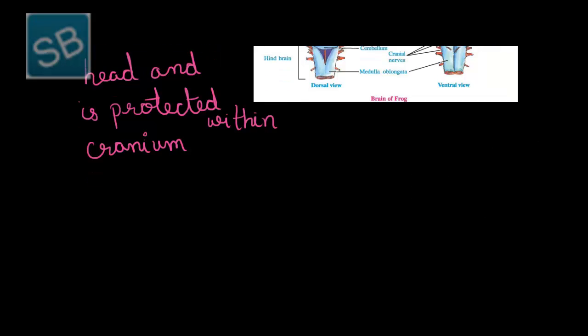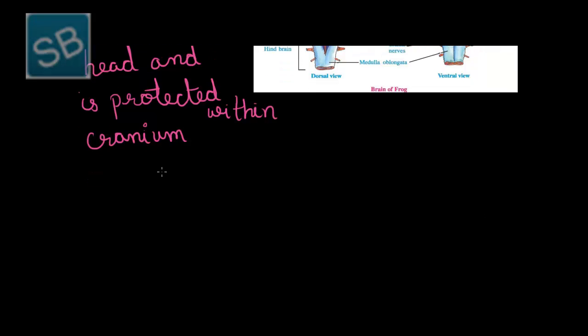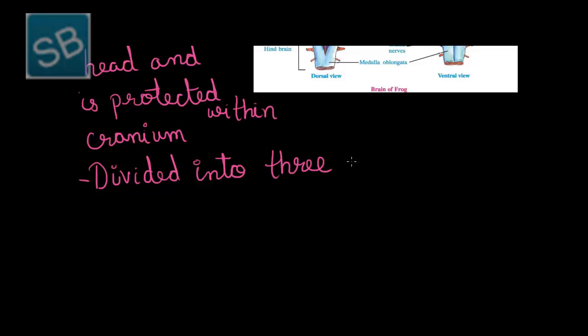Now, brain is divided into three regions. First, forebrain. Forebrain is the anterior-most structure of the brain.